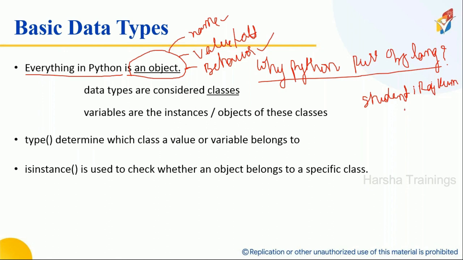He has some height, maybe 6 feet, weight around 75 kg, and color is red. Like this, I can have many attributes. What are the behaviors of Rajkumar? Right now, he is listening and noting down the class as I speak. Shall I call this student Rajkumar an object? He has a name, attributes, and some behaviors.